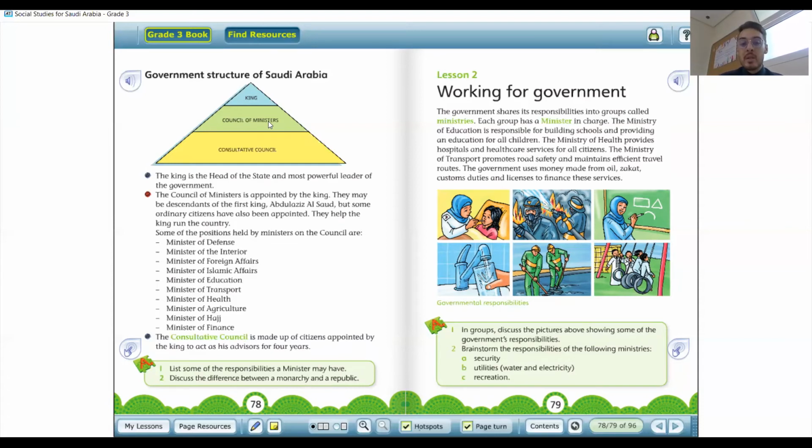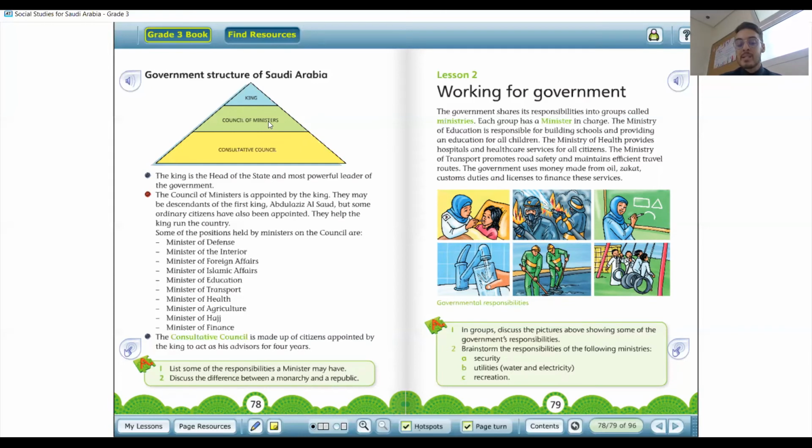So like the minister of education works for the Ministry of Education. So a minister is a person, and a ministry is basically a department in the country. So a council or a branch of the government, right?